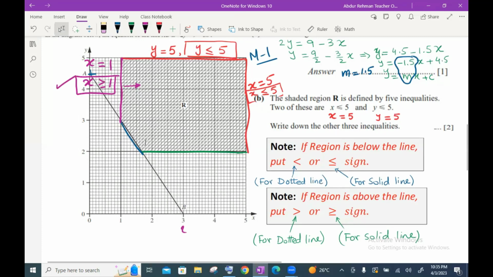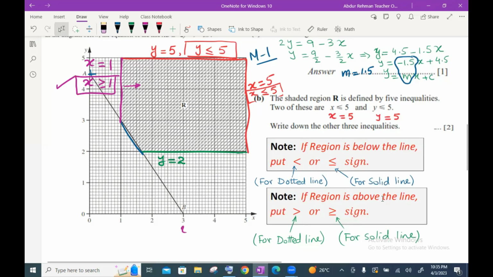Now for the second inequality, I'm going to take the green line and find out its equation. This line is horizontal and intersecting the y-axis at 2. So the equation of this line is y equals 2. From these notes, if the region is below the line, put the less than or equal to sign.